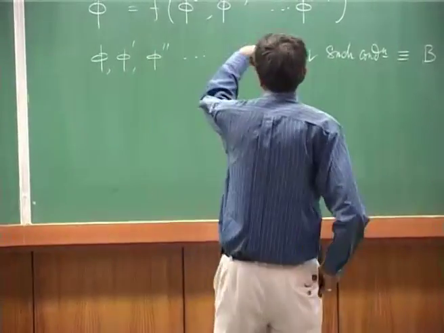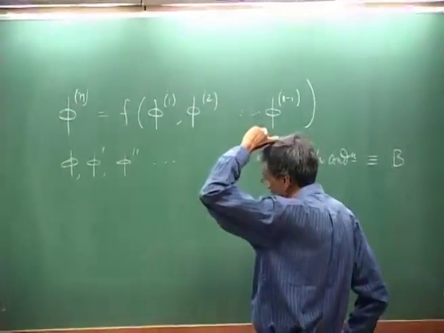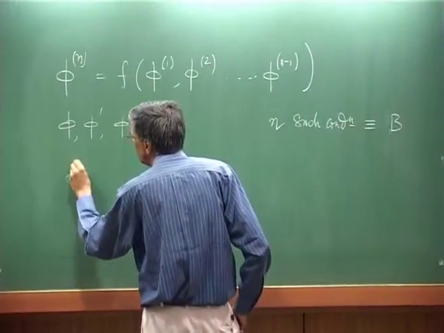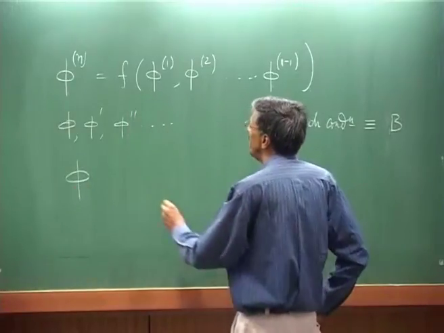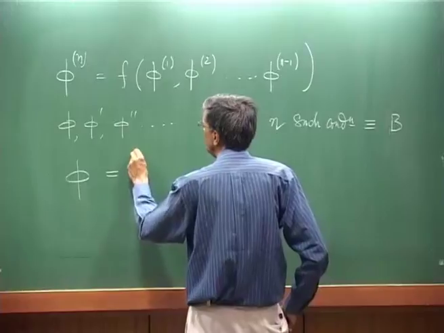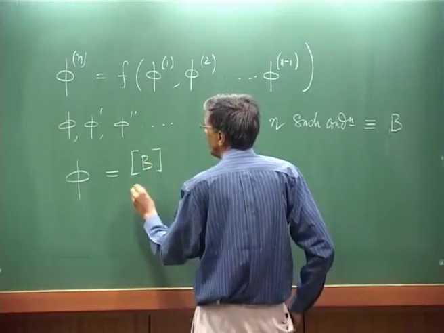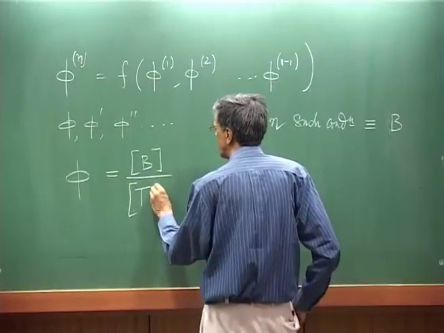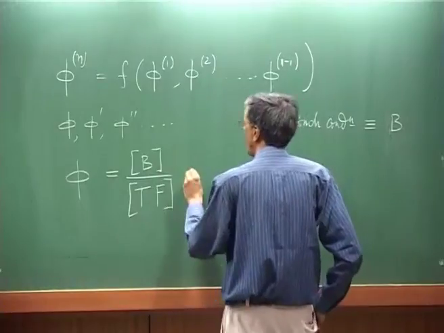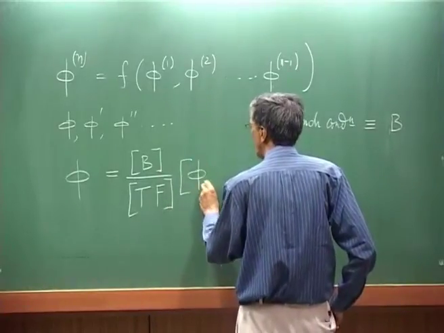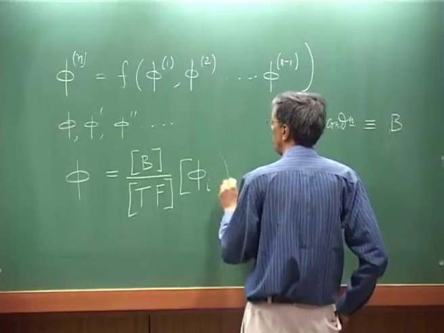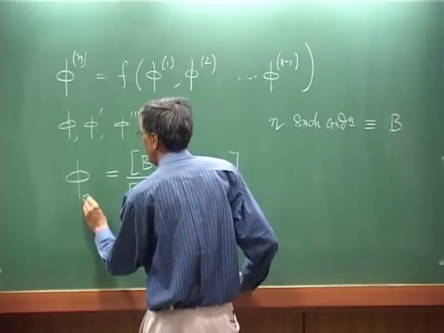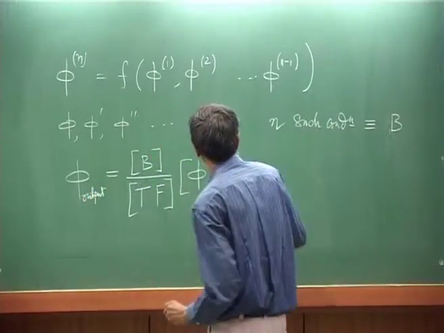So, now if I look at it this way, as we would shortly do, we will find that the solution we are going to get would be something like the transfer function times the input. So, if I call this the input, this is what we are going to get.